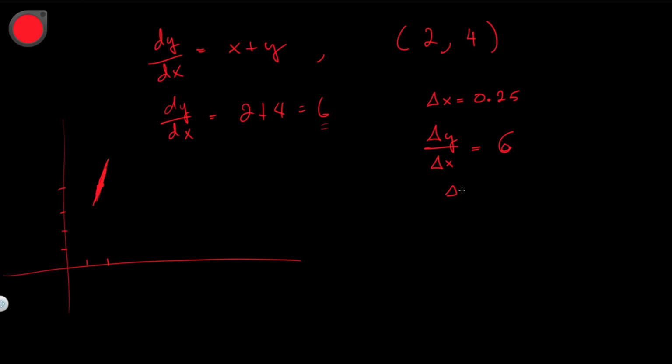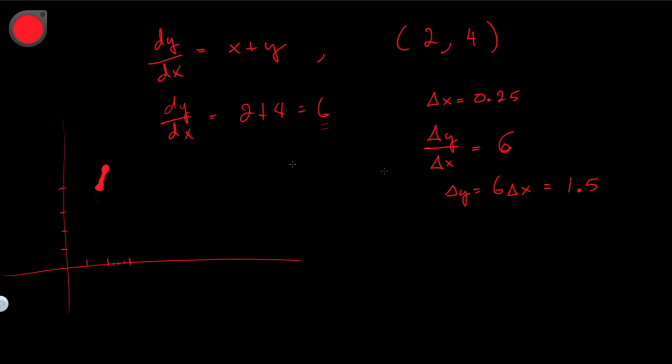Multiply both sides by delta x, and delta y is 6 times delta x, or 0.25 times 6, which is 1.5. So I'm going to go 0.25 to the right and up 1.5. Then now I have this new point.